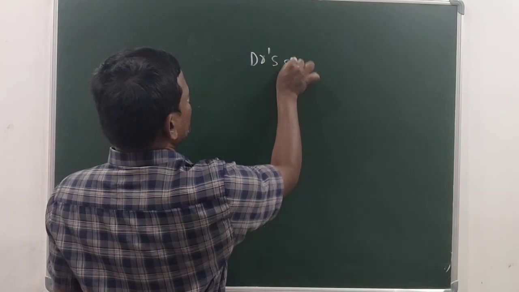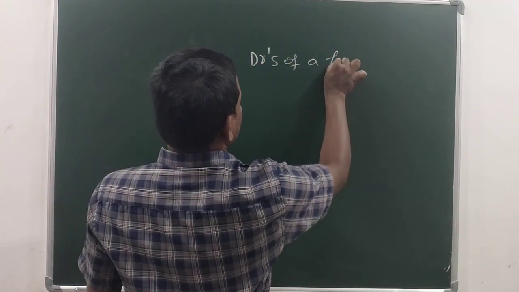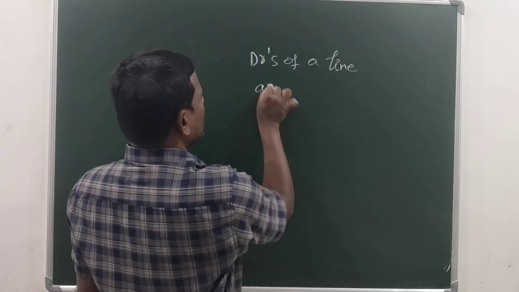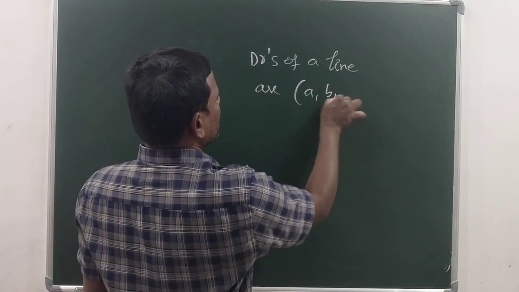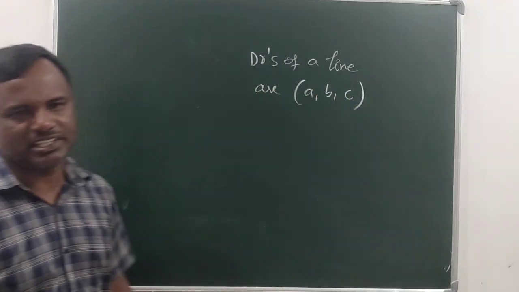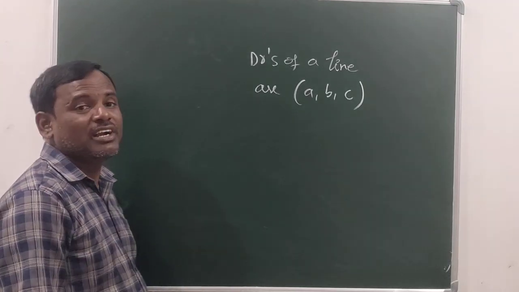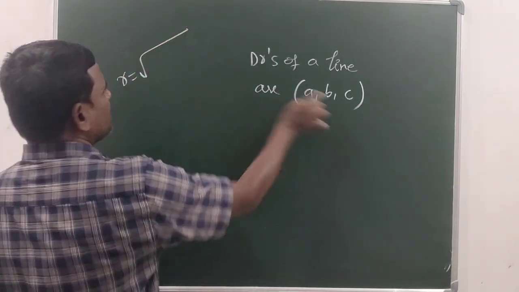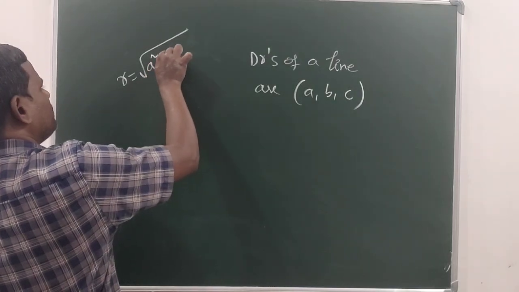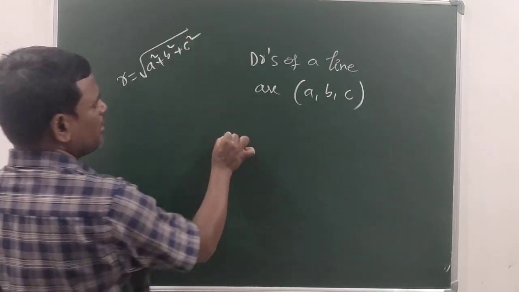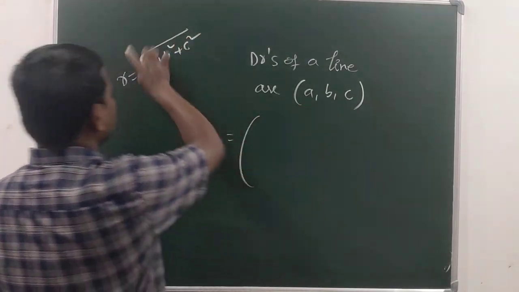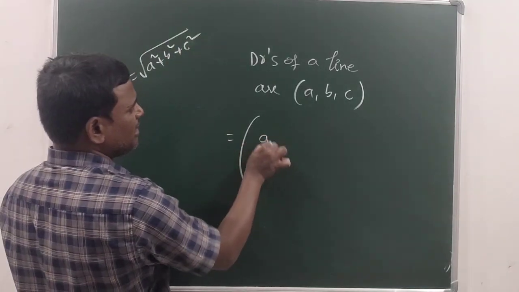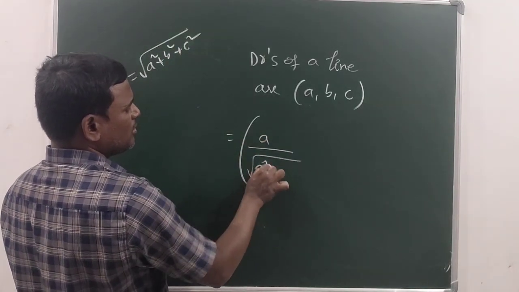DRs of a line, or A comma B comma C. Then find whose DCs. Now get the R value. R value in this case, you directly take root of A square plus B square plus C square. Now divide these three by this result, so that you will get direction cosines.